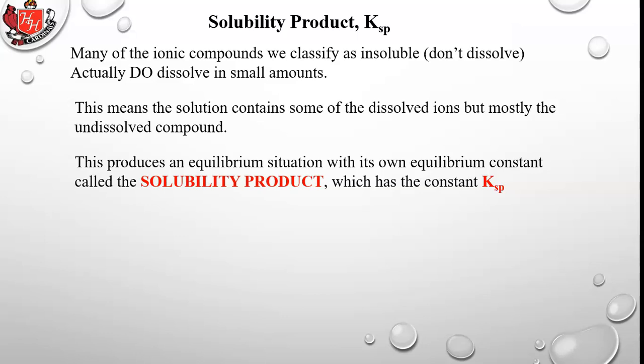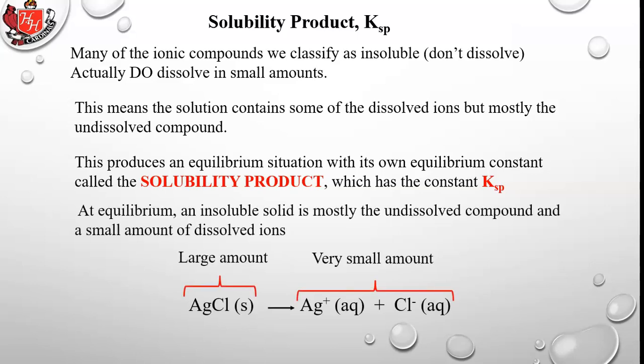And all equilibrium constants have some kind of subscript, and this one is Ksp, K sub sp, standing for solubility product. So at equilibrium, we're going to look at an insoluble compound. If you looked at our solubility rules, AgCl, silver chloride, would be insoluble.